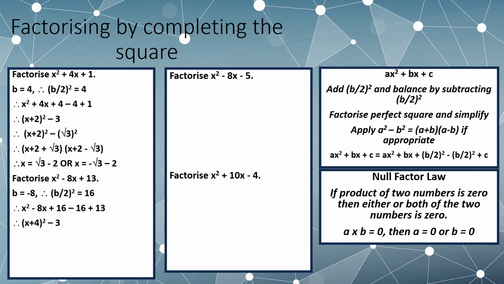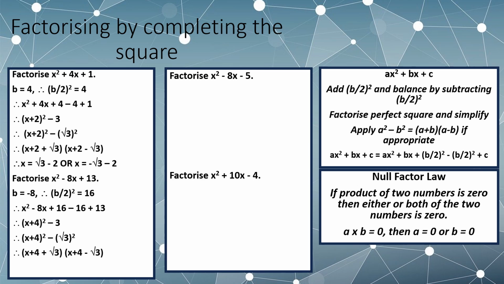Then our next stage, we'll have x minus 4 squared, subtract the square root of 3 squared, which then using the simplify rule of a squared subtract b squared is equal to a plus b multiplied by a subtract b, we get x plus 4 plus the square root of 3 multiplied by x plus 4 subtract the square root of 3.